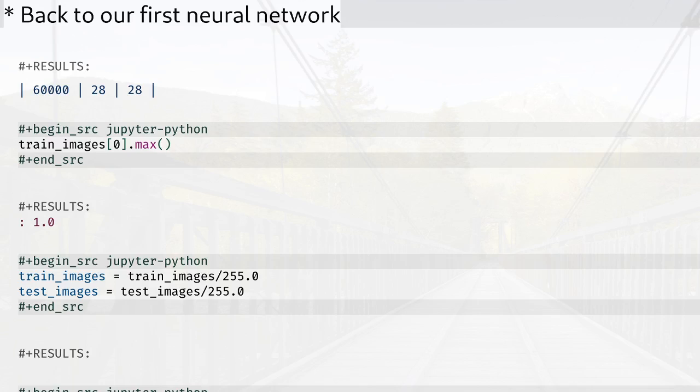Instead of working with a matrix, we're going to flatten the matrix. We glue each row to the previous one, such that the matrix becomes a very long vector, of size 28 times 28.